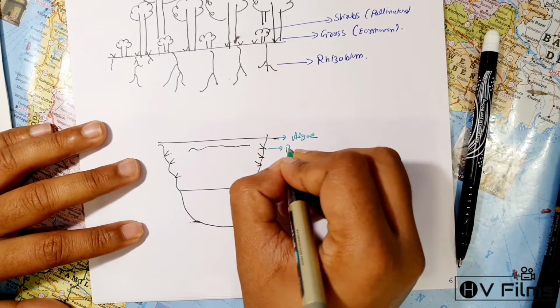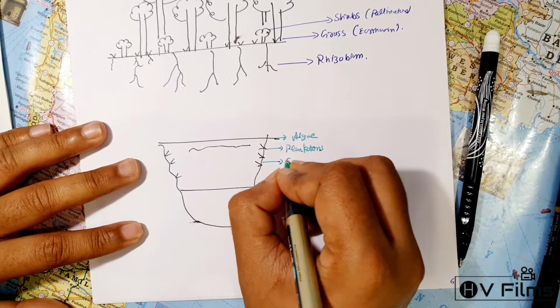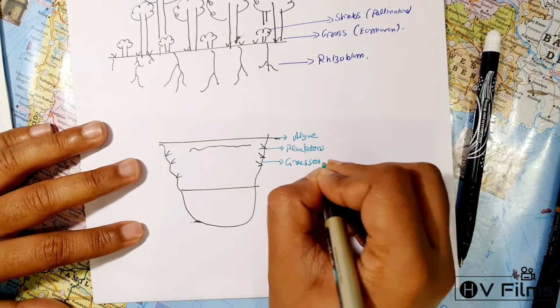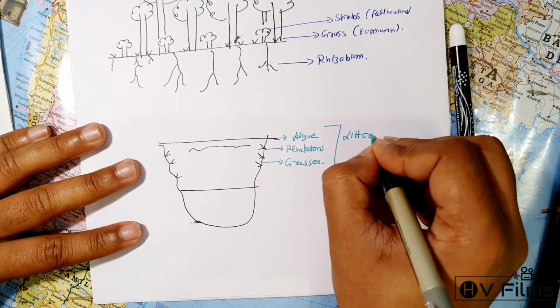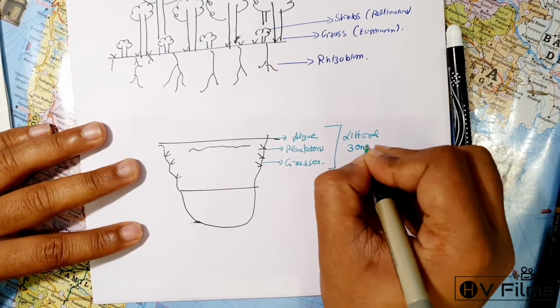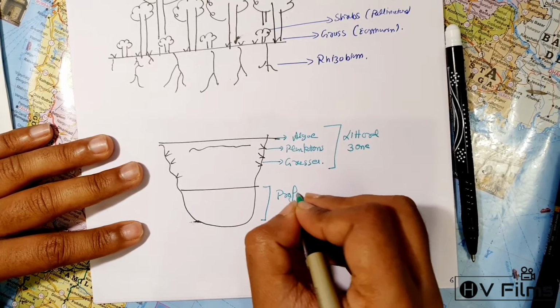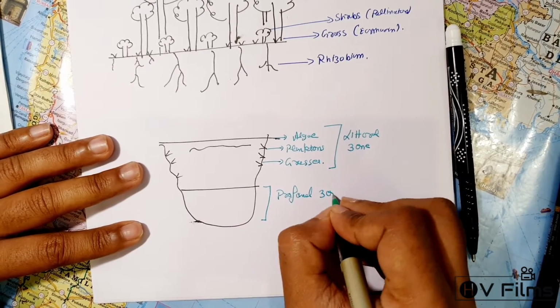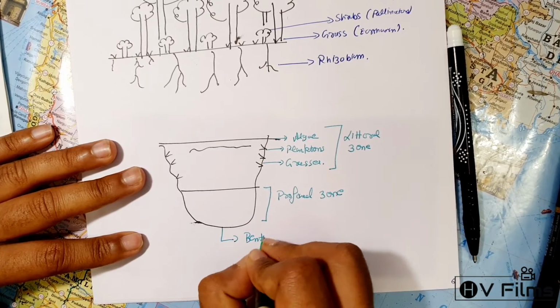So these are the grasses here. With this pen, this is algae, there will be planktons, there will be grasses. So altogether this is what we call the littoral zone.